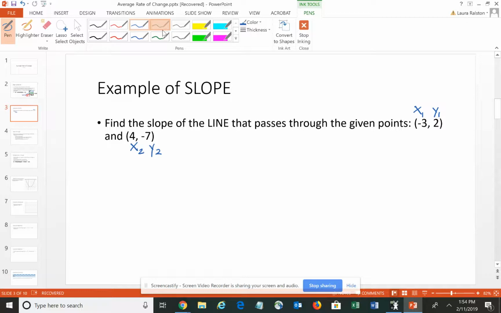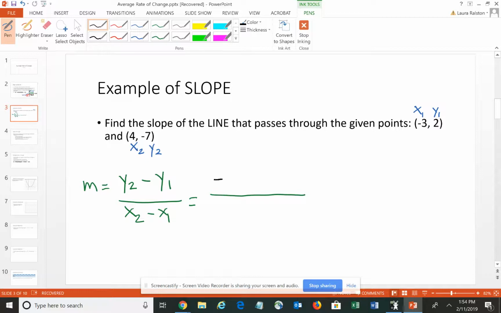And then I also like to go ahead and write my formula on my paper right where I'm working it so I don't get mixed up. So the slope formula is y2 minus y1 over x2 minus x1. And then it basically becomes a plug and chug where I'm going to substitute in the numbers that I'm given and do the calculations.